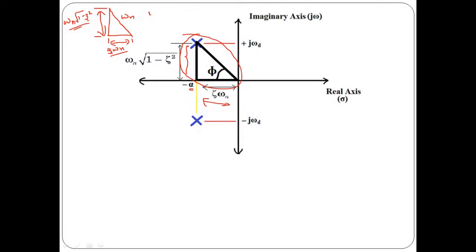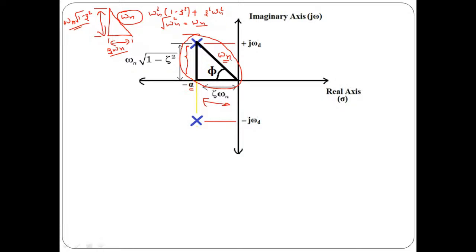So it will be omega n square in bracket 1 minus zeta square plus omega n square zeta square. If you solve, you will get omega n square. If you take square root, you will get omega n. That means the distance of the pole with respect to origin is nothing but omega n.